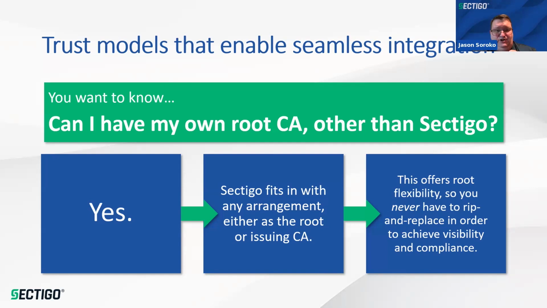It can play the role of an issuing CA, augmenting another root, and therefore, I just want to encourage everybody to think about how flexibility in PKI trust models allows you to answer this question of, can I have my own root where my private keys are sitting on premise close to me, and then I can offload my issuing CA needs off to Sectigo into the cloud where it belongs? And the answer is absolutely yes. And we fit with those trust models incredibly well. And Henry, you want to take it from there?